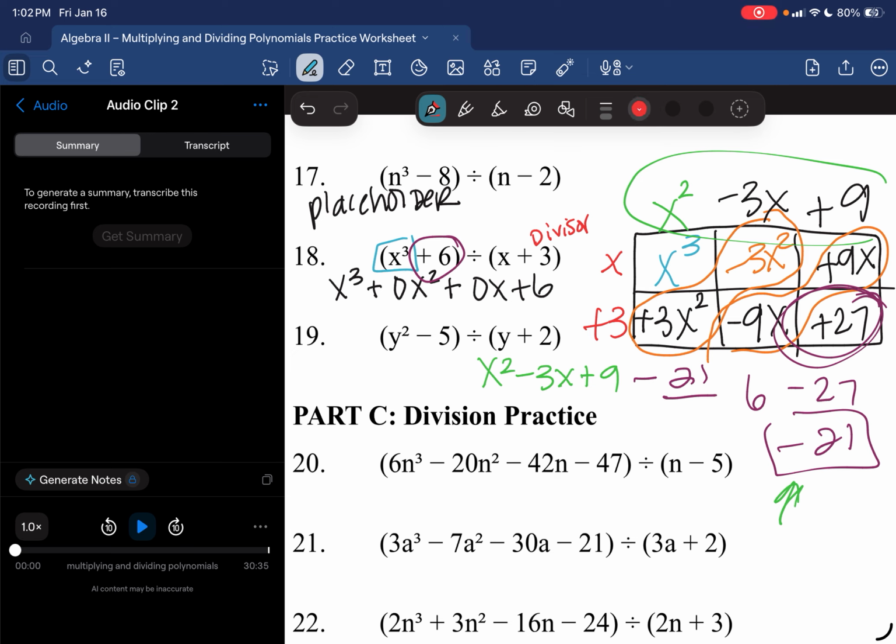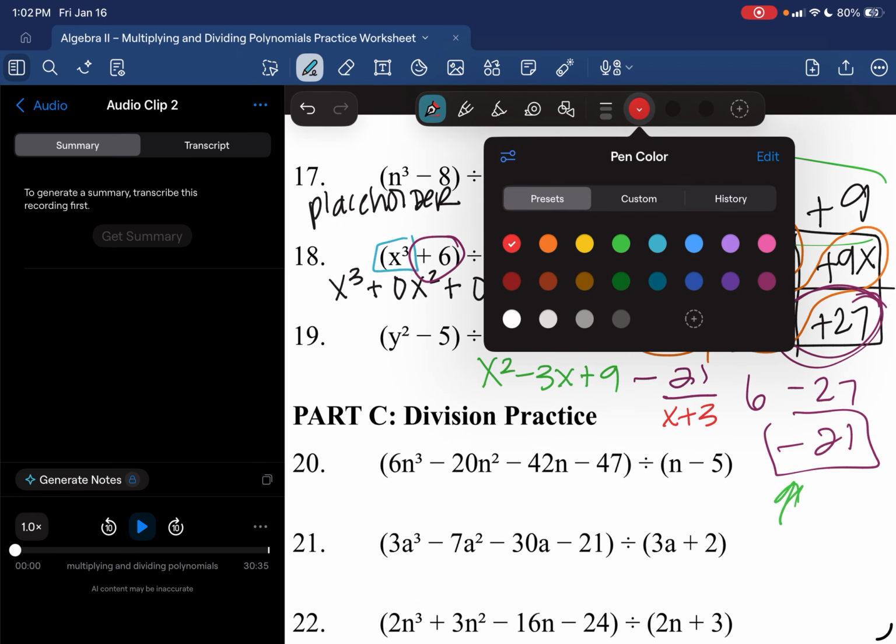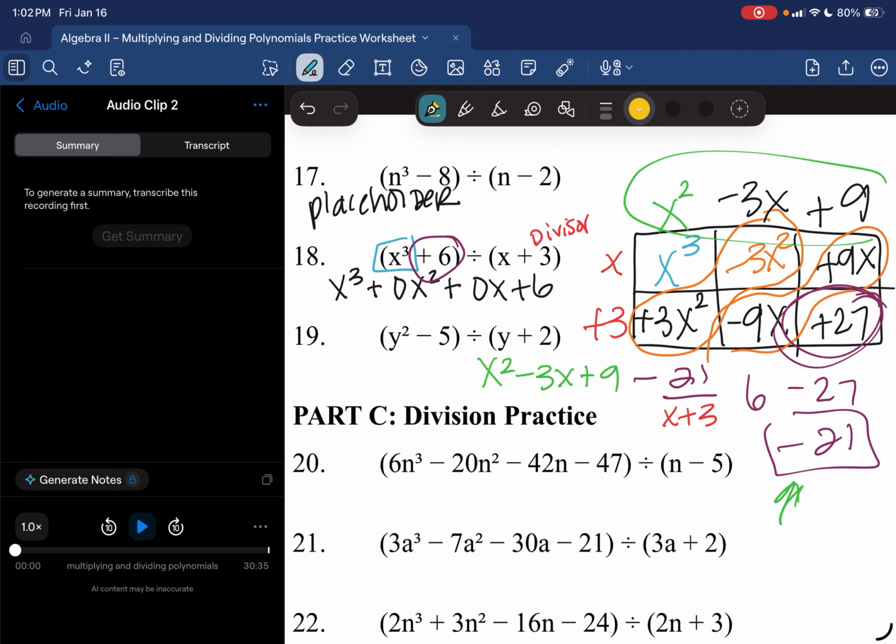Got him. X plus 3. If I'm going too fast, you can slow the video down or re-watch it. Whew. All right, so x cubed plus 6 divided by x plus 3 gives you x squared minus 3x plus 9 minus 21 divided by x plus 3.